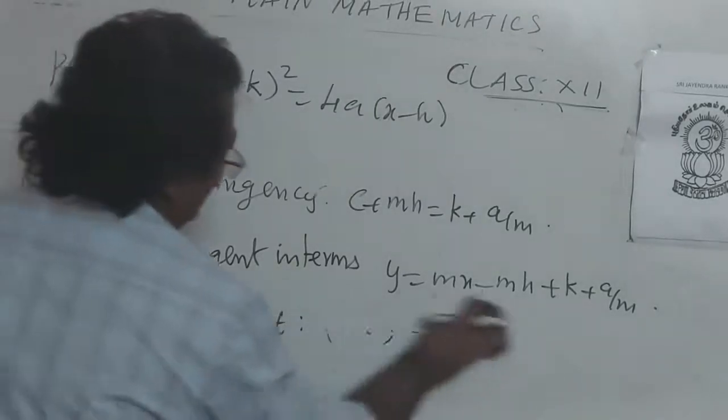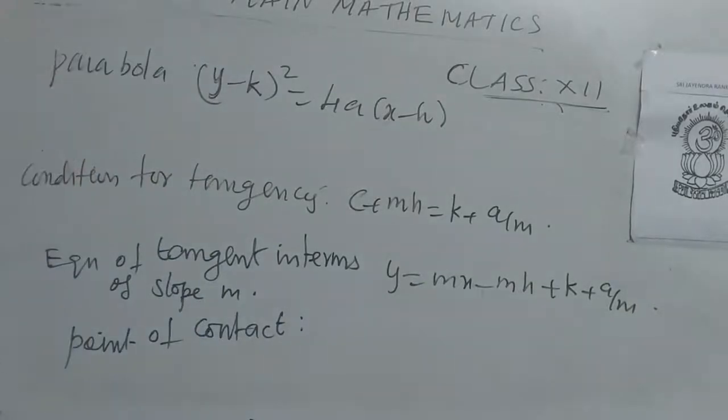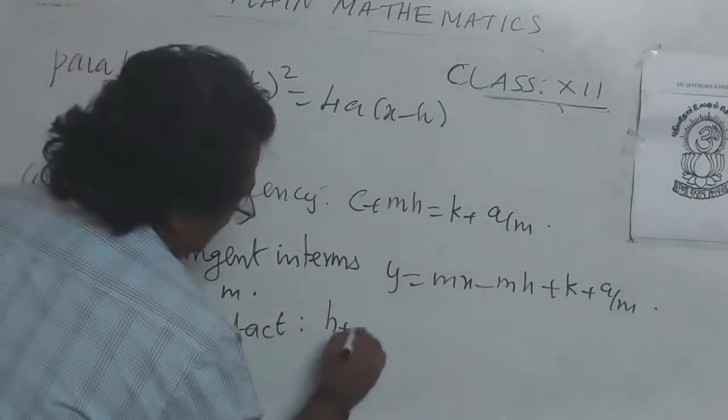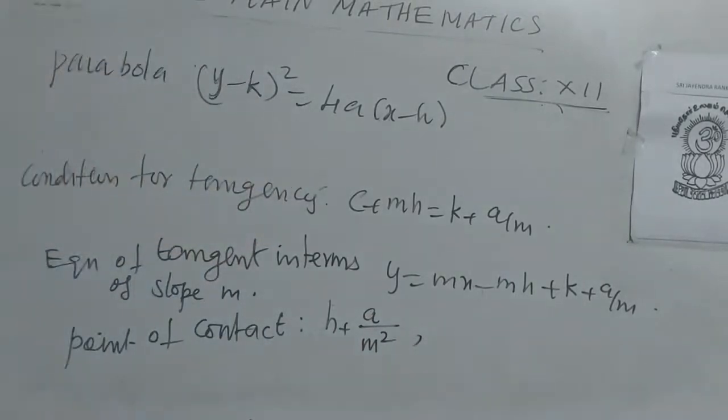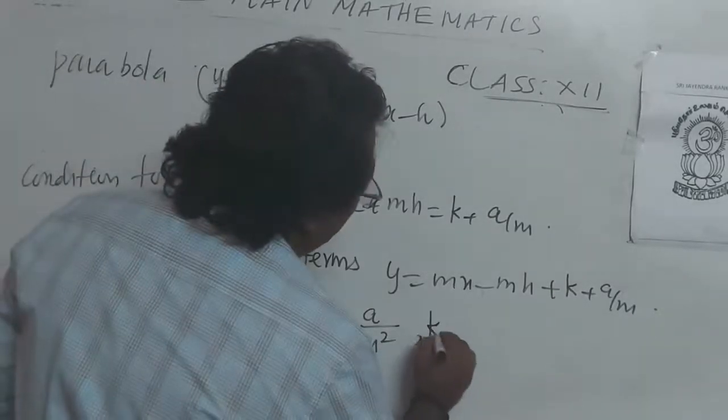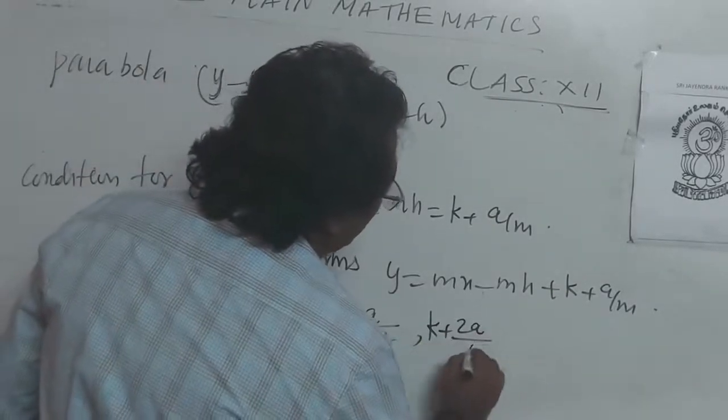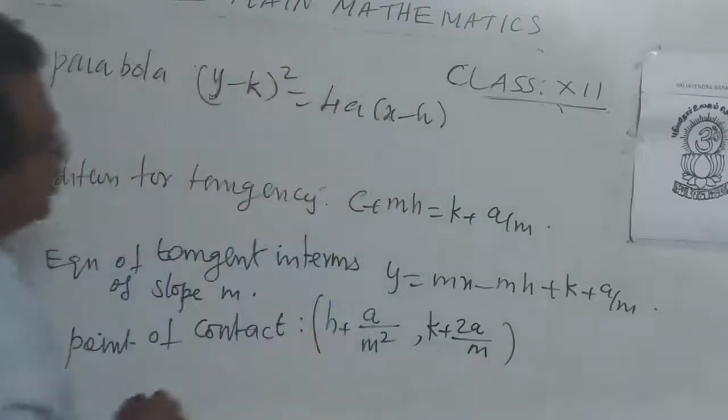The point of contact is h plus a by m squared comma k plus 2a by m.